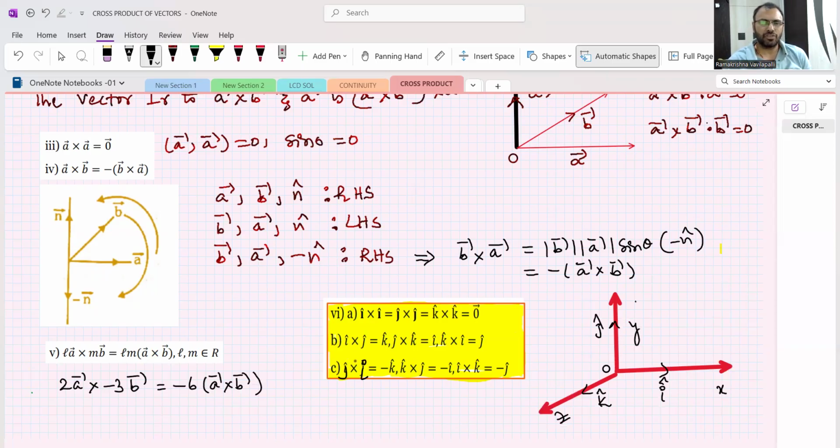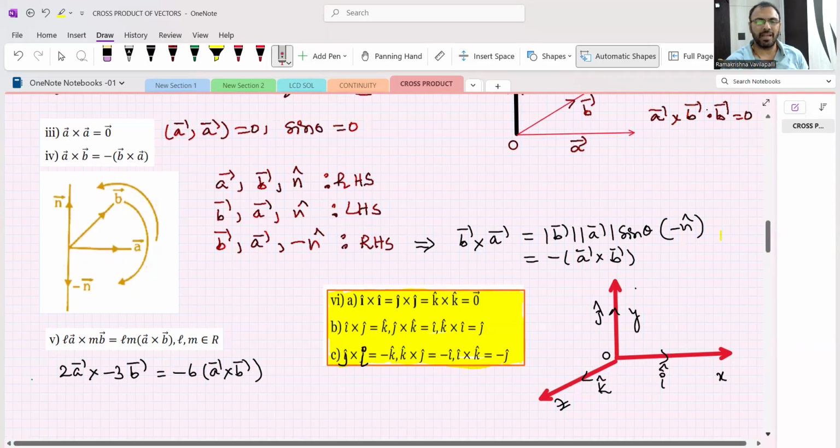So I cross j is equal to k, j cross k is equal to I, and k cross I is equal to j. I, j, k form a right-handed system of vectors.